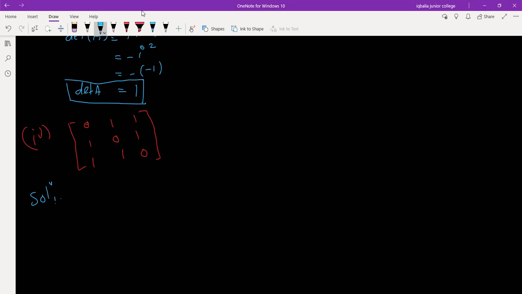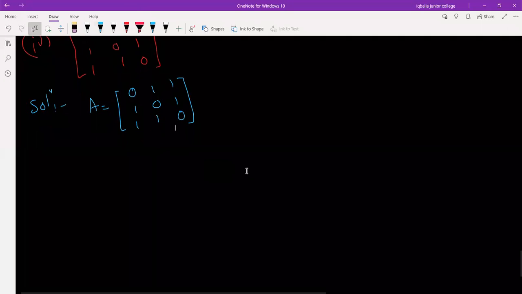The solution is, first we have to give a name. This matrix is A: 0, 1, 1, 1, 0, 1, 1, 1, 0. In a 3 by 3 matrix, we have to use first row elements or first column elements, or any row or column, and multiply each element with its corresponding cofactor.